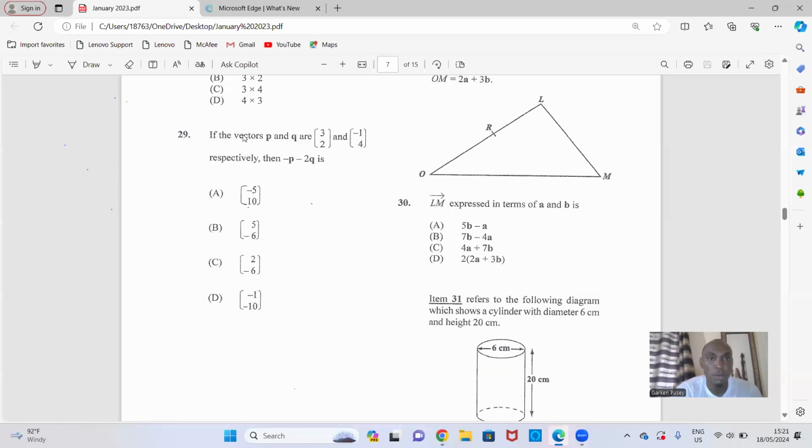It says if the vectors P and Q are 3, 2, and -1, 4, respectively, so it means P is the first one and Q is the second one, then negative P, so we're going to write negative matrix P, which is 3, 2, so you have to write it in the same order, negative 3, 2, minus 2Q, so write 2 times matrix Q. And matrix Q is -1 and 4.